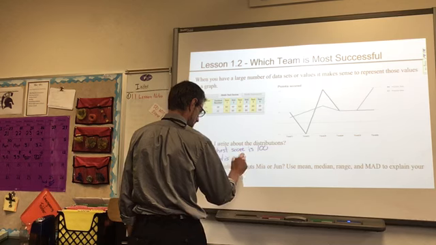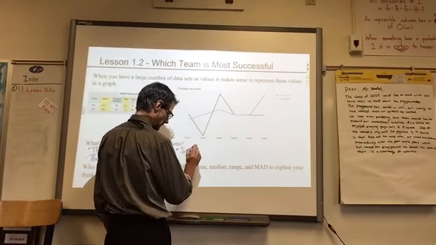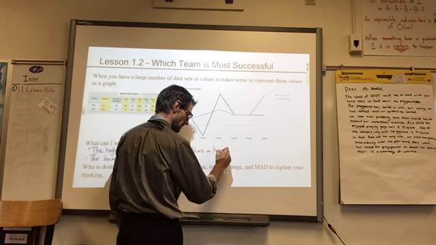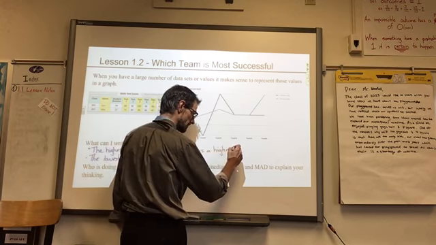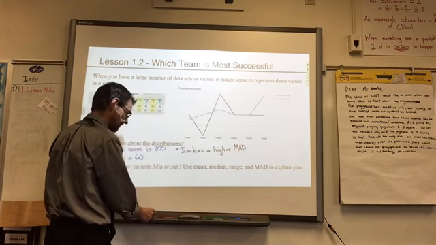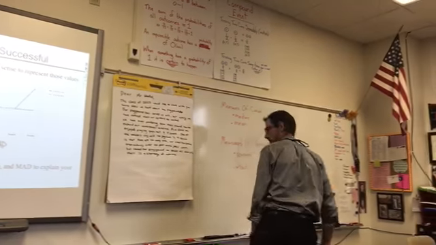John's mean is most likely lower because he's got really low scores and really high scores. Yeah, it's in between. In the range.